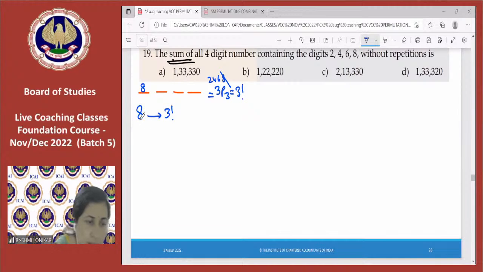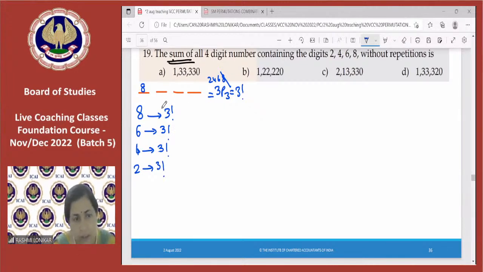Then I can have 6 over here. So if I in the first place fix 6, how many numbers will I have? Again 3 factorial, because 3 places, 3 numbers. If I fix 4, what will I have? 3 factorial. If I fix 2 in the first place, that is in the thousand place, how many will I have? 3 factorial, because 3 places, 3.